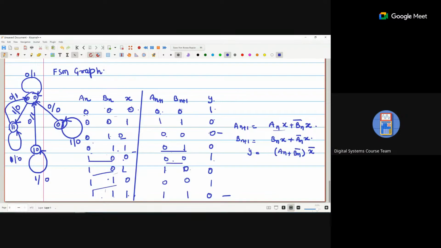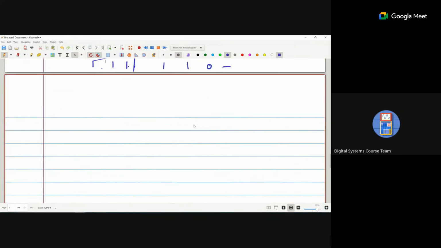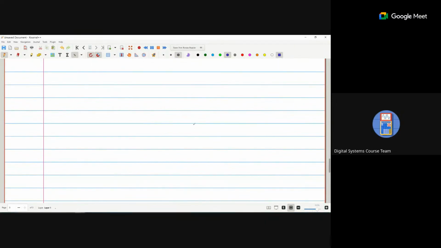Clear? Yes, sir. Now we can implement this with the help of a circuit also. If I am implementing with the D flip-flop, what we require is AN, BN, AN plus 1, BN plus 1.